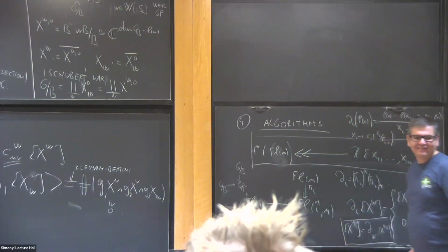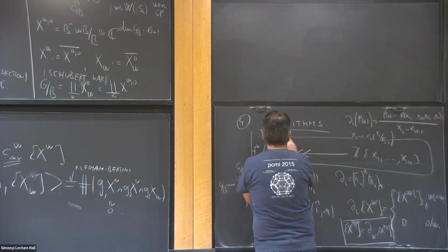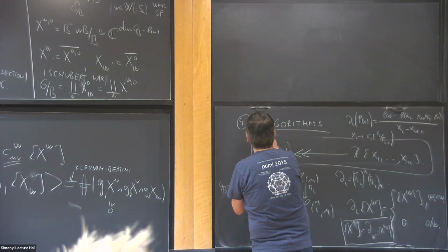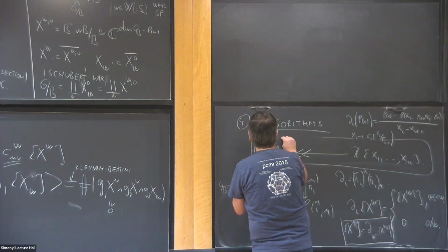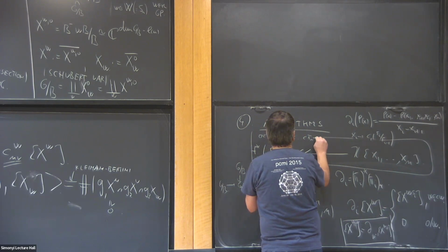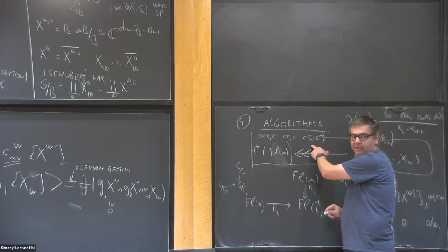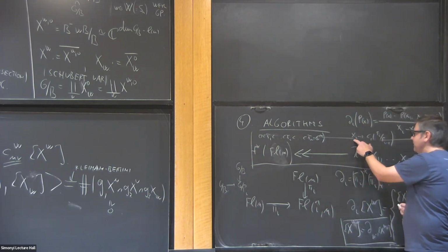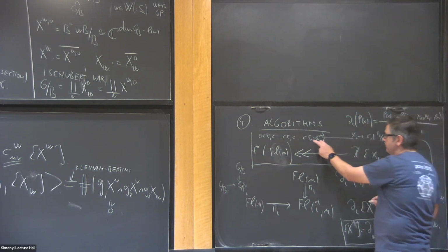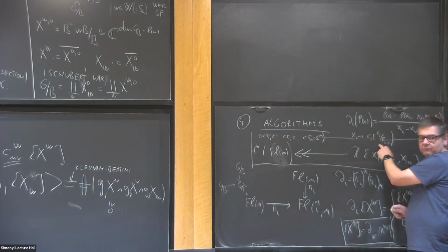On the flag manifold, you have a tautological sequence of bundles, and then you can send Xi to the first Chern class of the successive quotients of this one.